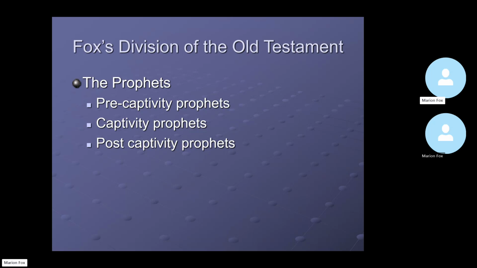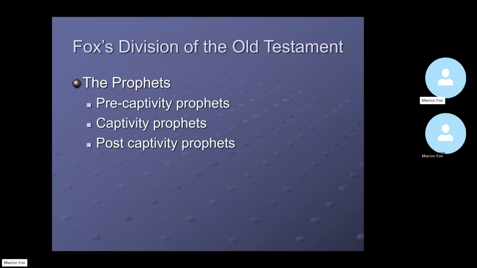By dividing them up like this, you get a better feel for them and can put them into their right time frame. And of course, the chronological time frame is critical to understanding the Bible many times. Sometimes it's not critical.